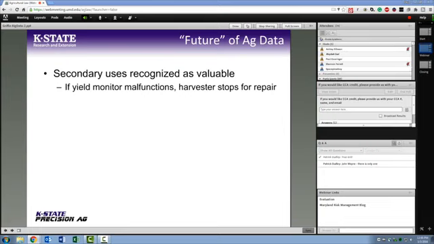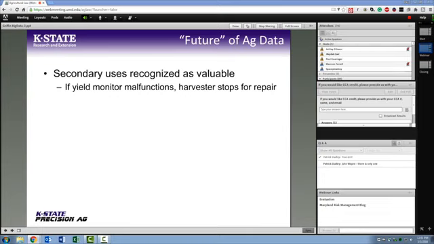He said, "Ain't no way that anyone will ever stop a combine to get the yield monitor working again." And two other gentlemen in the same audience stood up and said, "We've been doing this for a few years. We may not delay corn harvest into December, but we will try to get the yield monitor operational again because we do see value in this data and what it can do for us."